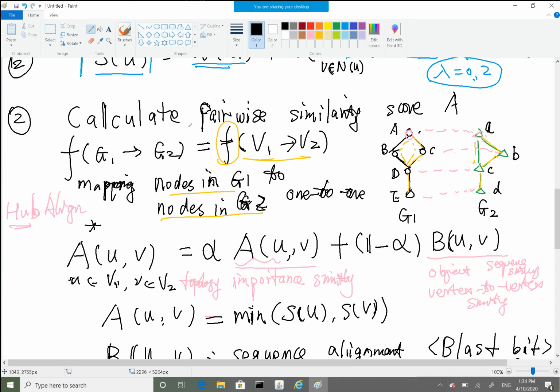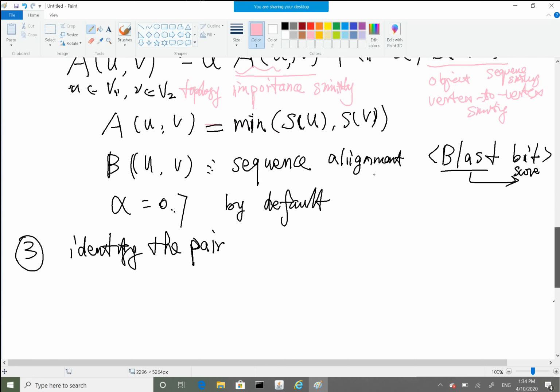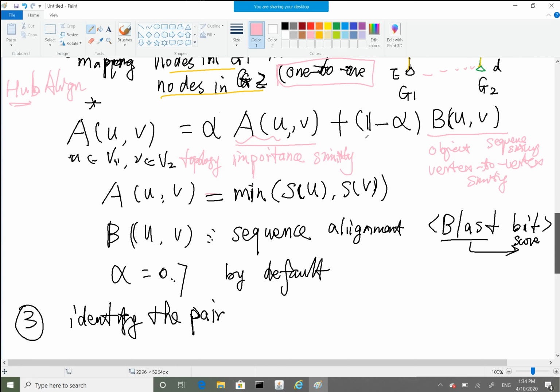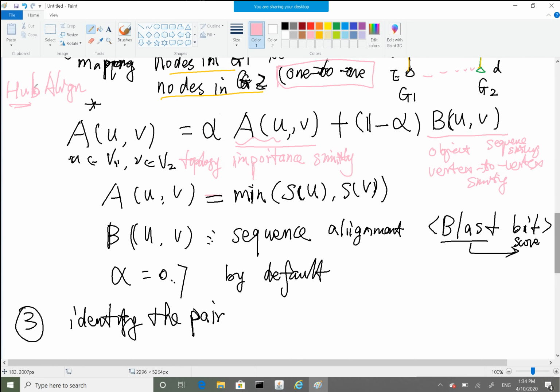It's not one-to-multiple. This is one-to-one mapping. So now, once you have this, you can see the procedure corresponds to two for loops. Use two for loops to calculate this. Since this formula is very easy, you get this and also the matrix.